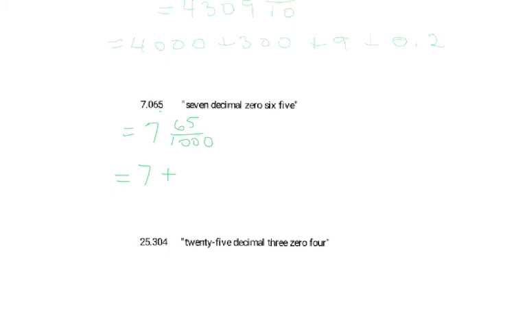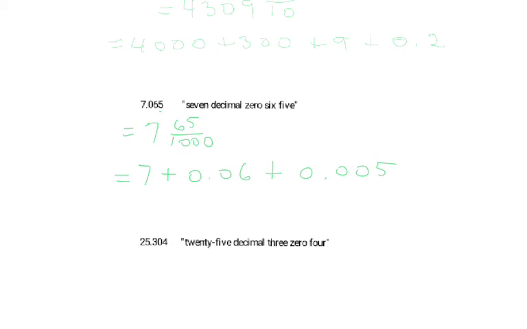Oh, sorry, I'm not doing fraction form here, I'm doing decimal form. Once more, there we go, 0.006 plus 0.005. So 5/1000ths, 6/100ths plus 7.